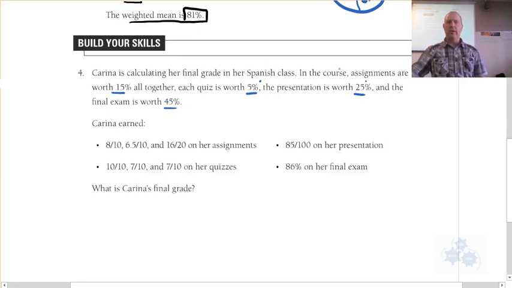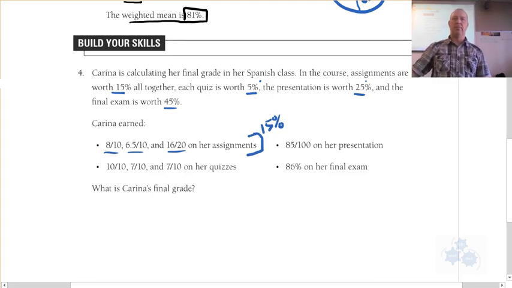Okay, so Karina's calculating her final grade. The assignments are 15% altogether. So where are her assignments here? 8 out of 10, 6.5 out of 10, 16 out of 20. Those are the assignments, and they're worth 15%. Each quiz is worth 5%.